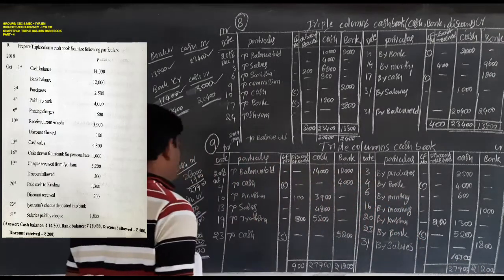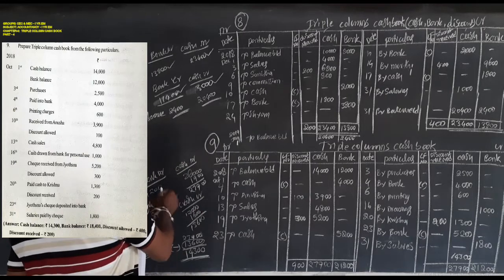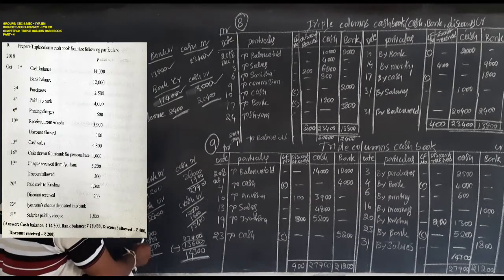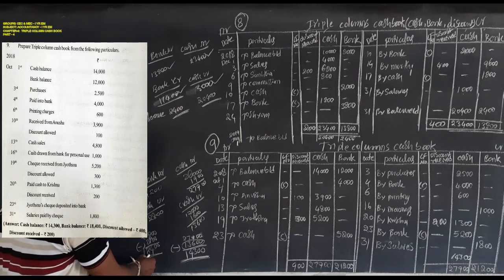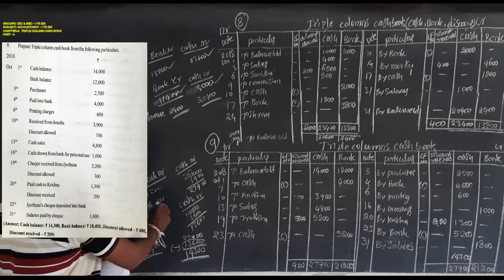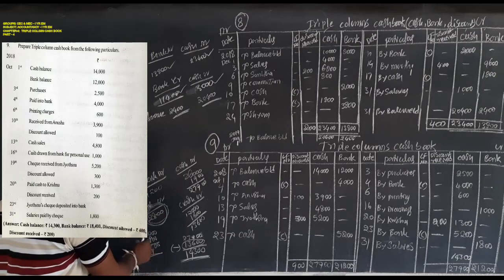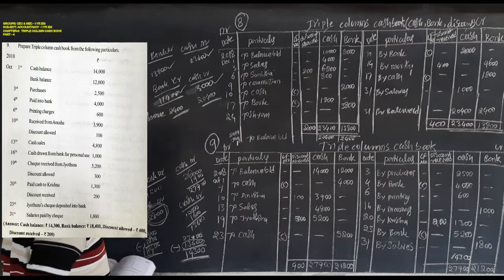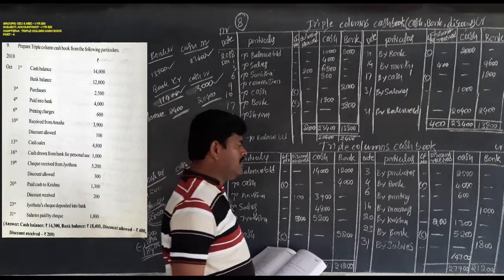Next, here also, bank column 21,200, credit side 2,800. So the difference amount is 18,400 rupees. In this problem, shortage on the credit side, so the difference of 18,400 is also recorded on the credit side of the bank column.